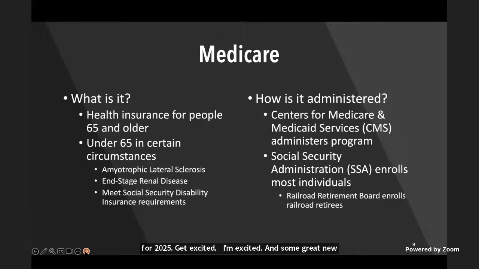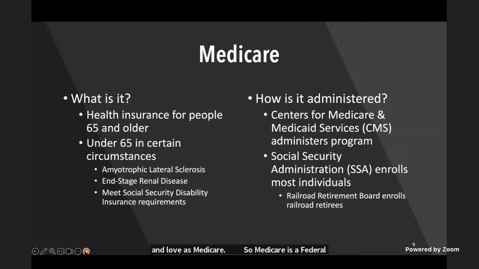All right, so now that we've kind of talked about what's new, let's talk about what's not changing, right? Like what we all know and love as Medicare. So Medicare is a federal health insurance program for individuals 65 and older. And that's how we normally think about Medicare.